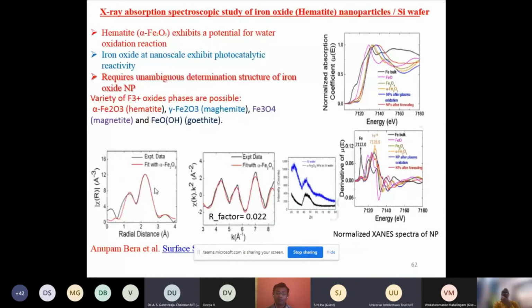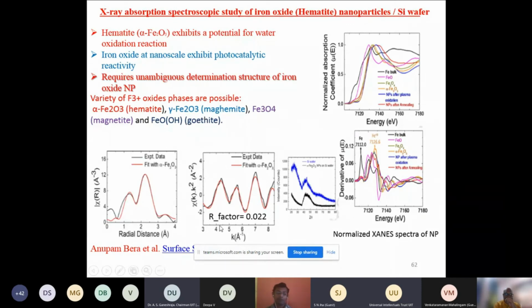So this is an example of EXAFS where we have confirmed the purity of the phase, like whether it is hematite, magnetite, or goethite, which phase is present in these iron oxide nanoparticles, by looking at the EXAFS oscillation and fitting different models of hematite, magnetite, and goethite, and whichever gives the best fitting result.